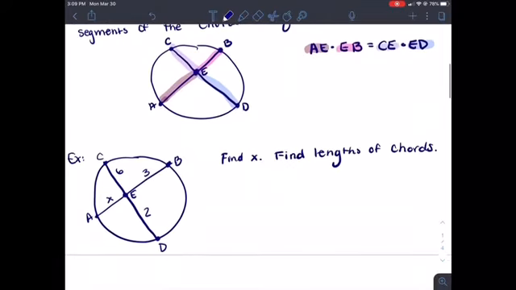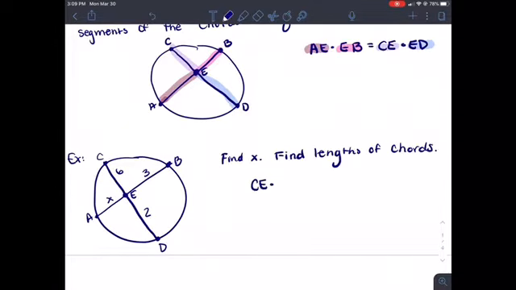The first example says find x and find the lengths of the chords. We know the lengths of CE, BE, and DE, but we don't know the length of AE, so I'll set up my equation to find AE, or x.